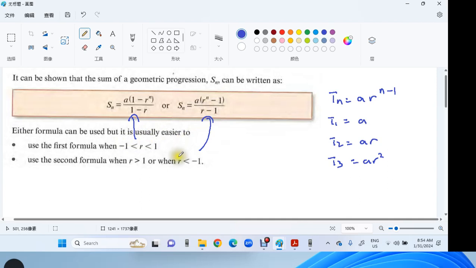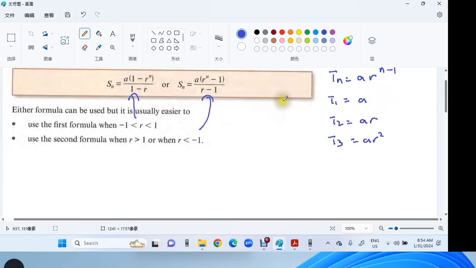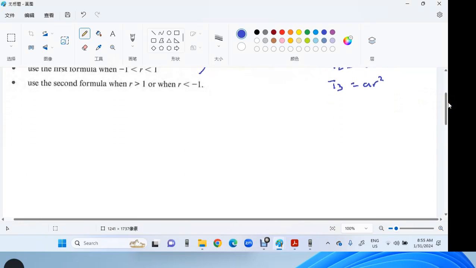If your r is outside that range and you use the first equation, you still get the same answer. You can just use either one. There is some reason behind why we use the different Sn, but I don't explain it here.